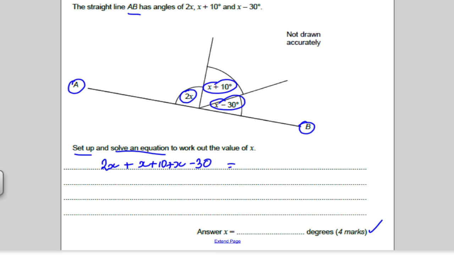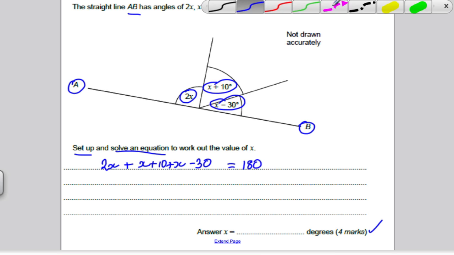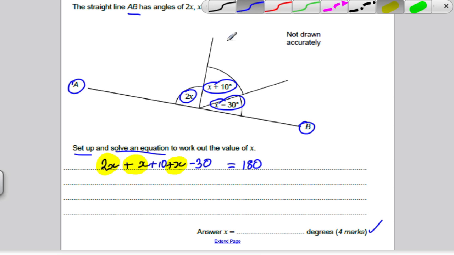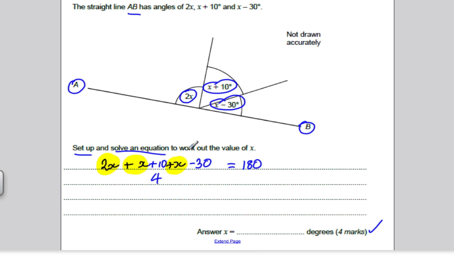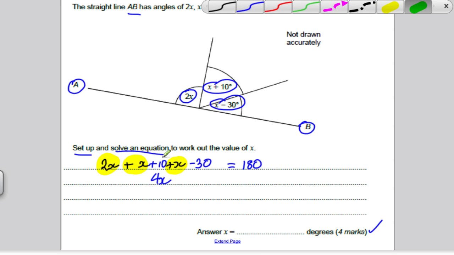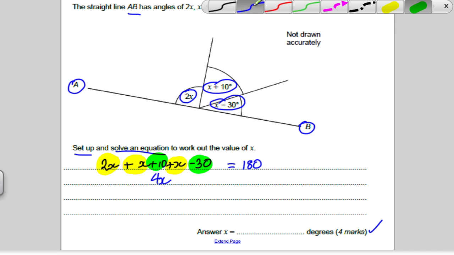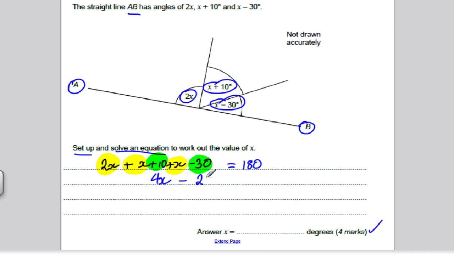Okay? Now, and only now, do you start collecting like terms. 2x's plus another x is 4x. So we've got 4x. And 10 subtract 30 is minus 20. So subtract 20 and you get 180.